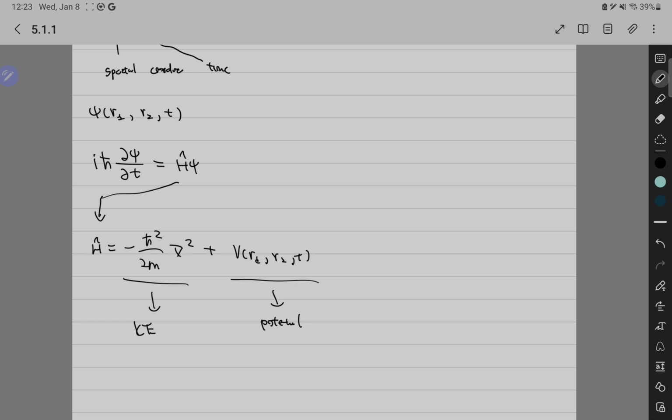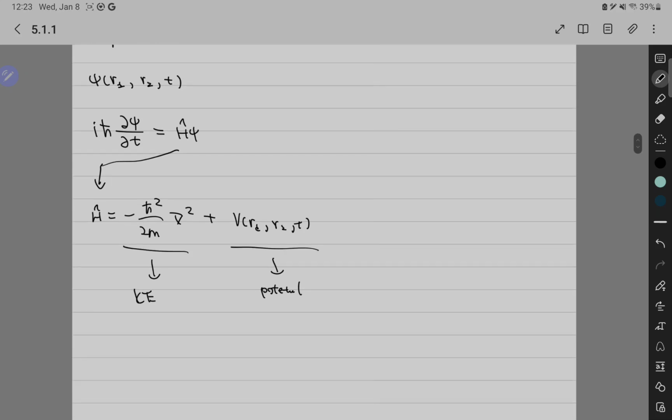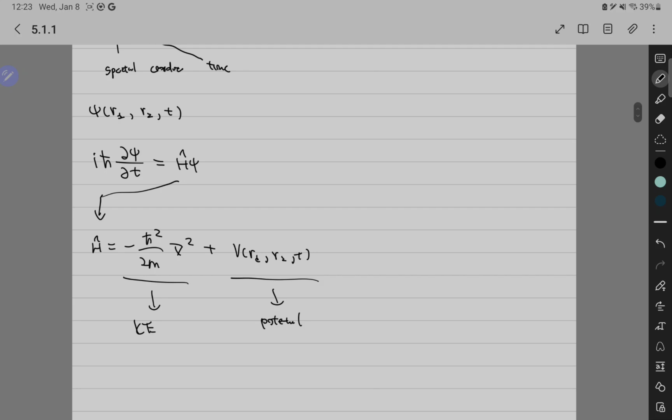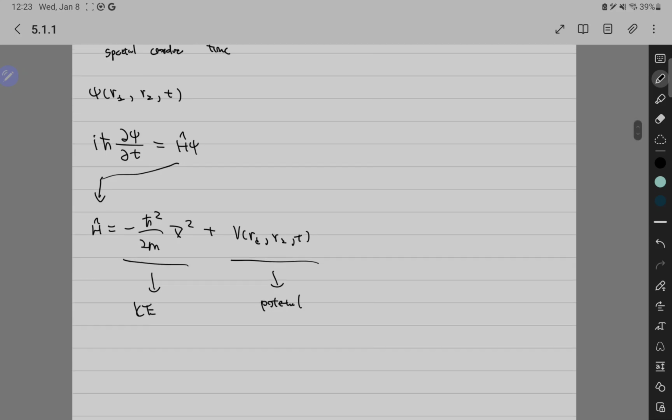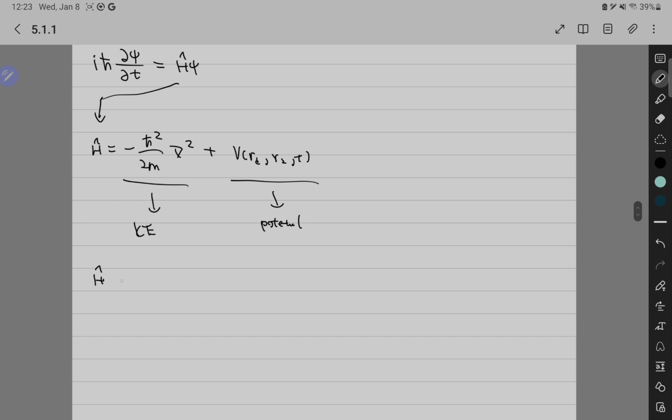So in this case, if we have two particles, how do we write our Hamiltonian for a two-particle system? Well, since we have two particles, they're going to have their own kinetic energy for each particle. So we can write our Hamiltonian as negative h-bar squared over 2m1 Laplacian 1, minus h-bar squared over 2m2 Laplacian 2, plus the potential energy.